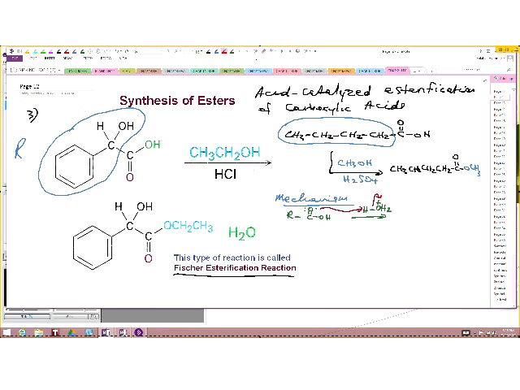Okay, once we do that, we protonate the oxygen, just as in most of the reactions of carbonyl compounds that we have been dealing with. So now we obtain this. By the way, this will be an equilibrium reaction.